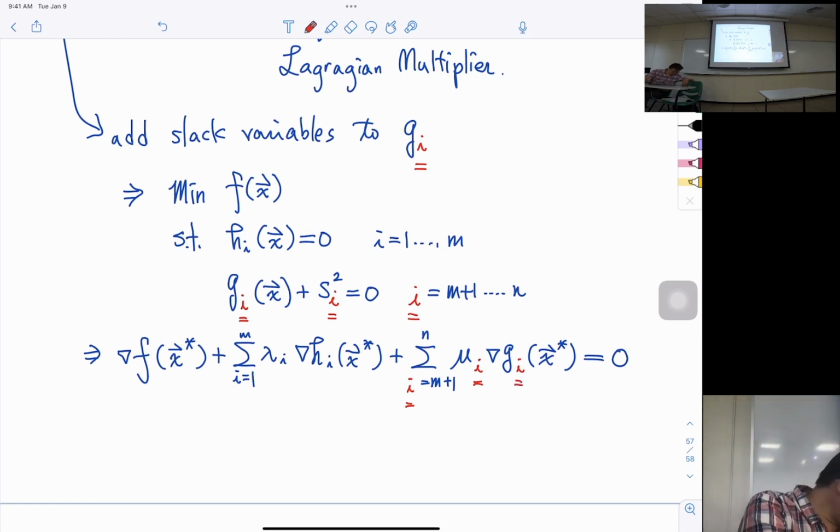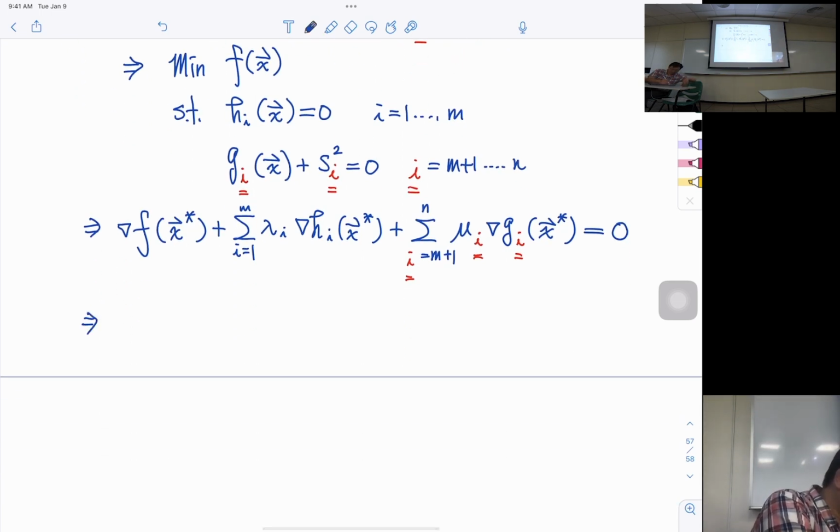Now, do I need to... let me see. Where is my s? Because when we take the gradient, s disappears. s has nothing to do with x. So when we take the gradient, if we rewrite them, they are partial derivatives with respect to the jth variable.